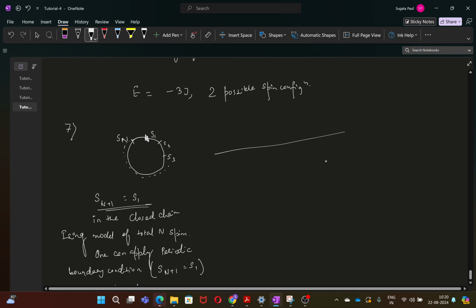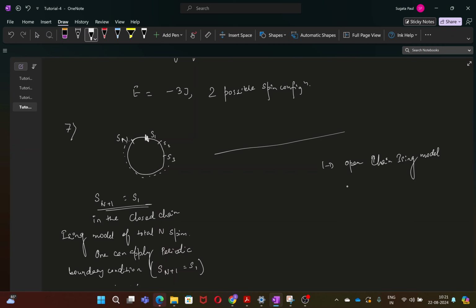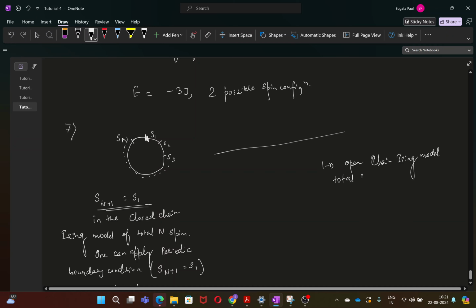Now there can also be a one-dimensional open chain Ising model with the same total number of spins n. To compare how both are different, we are taking the number of spins to be the same for both structures. So this is a total of n spins.